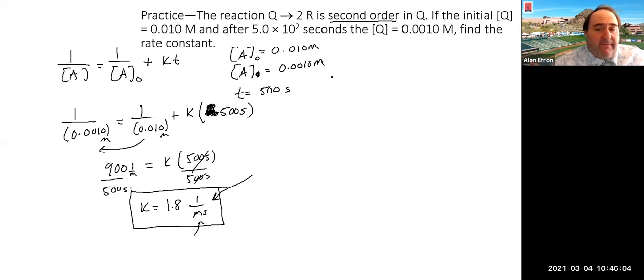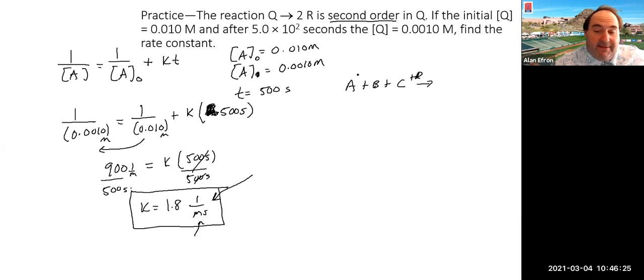Any questions on first order, second order, or zero order reactions? Most of the time, those are probably the three common ones that we'll come across. That's really because if you think about it, we don't oftentimes have a lot of reactions with 3 or 4 different reactants.